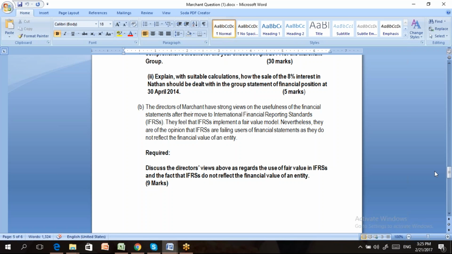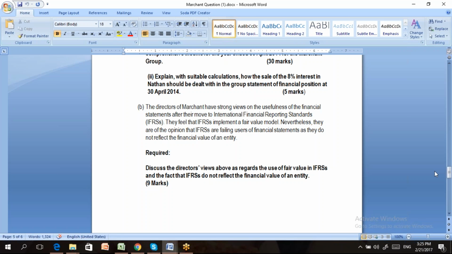Now, I think it has 9 marks, and it is very difficult to think what they are asking from us. What are they expecting? Discuss the directors' view as regards the use of fair value in IFRS and the fact that IFRS do not reflect the financial value of an entity.